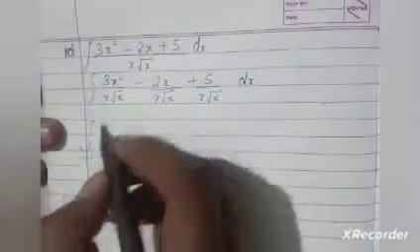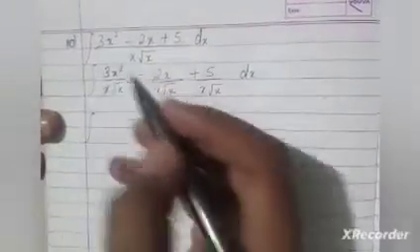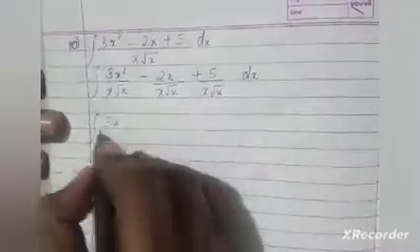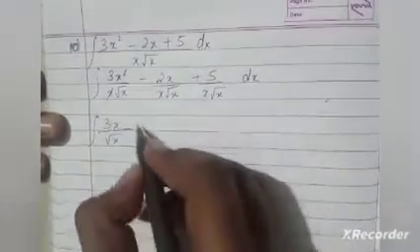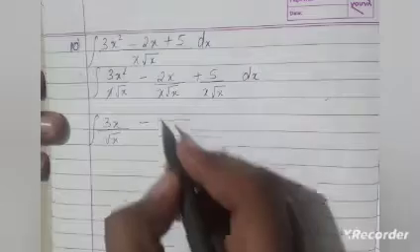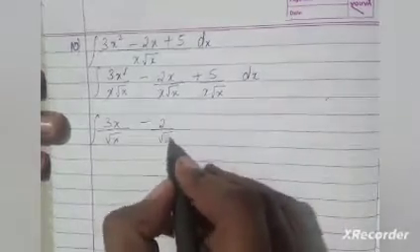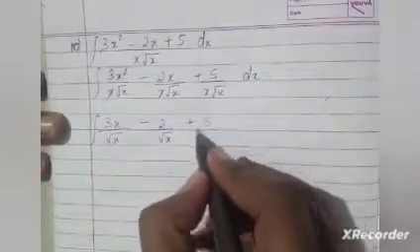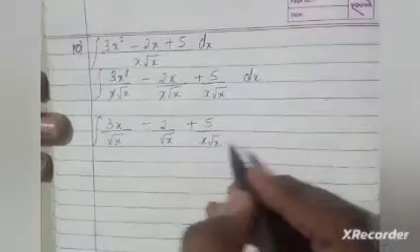Then this x by x gets cut, so 3x divided by √x minus 2 by √x plus 5 divided by x√x dx.